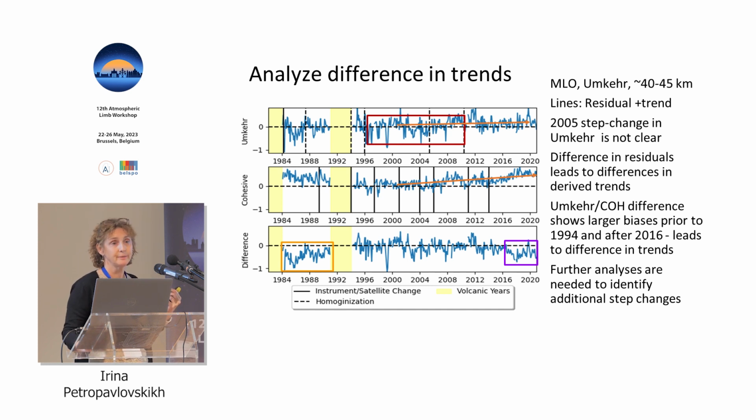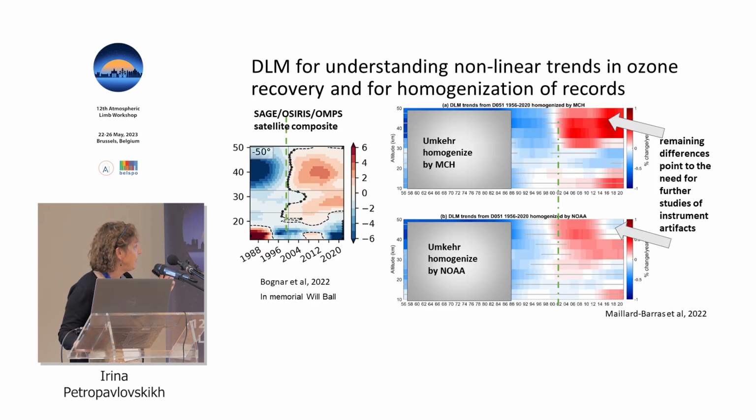So we're trying to look at that, which is the OMPS portion of the record, nadir profile. So we say, okay, let's look at some other records. Do we see similar behavior? And for this particular slide, I thought I would bring you a very nice paper written by a Canadian group on their SAGE, OSIRIS, OMPS data.